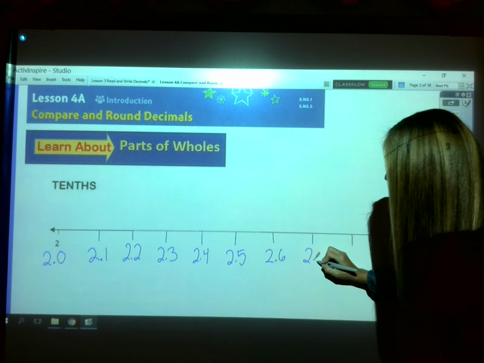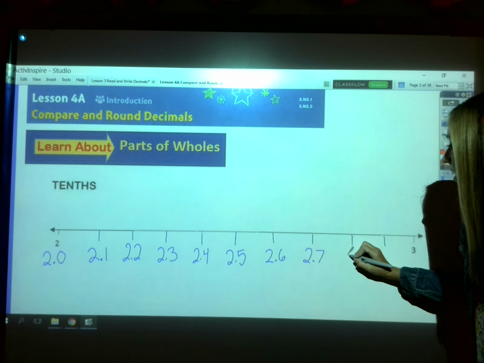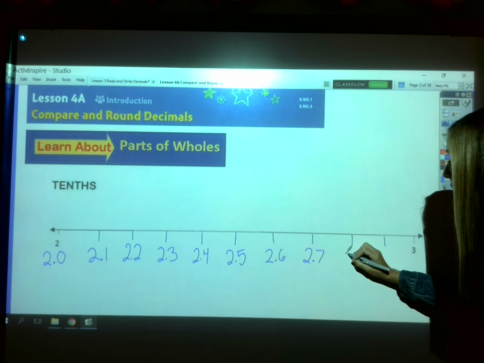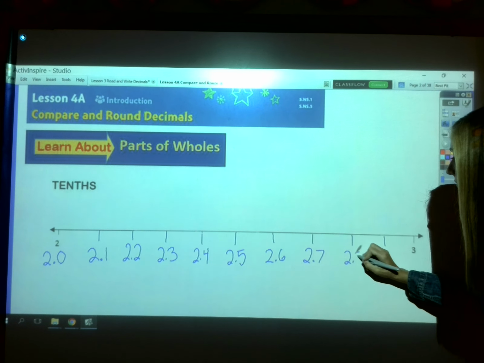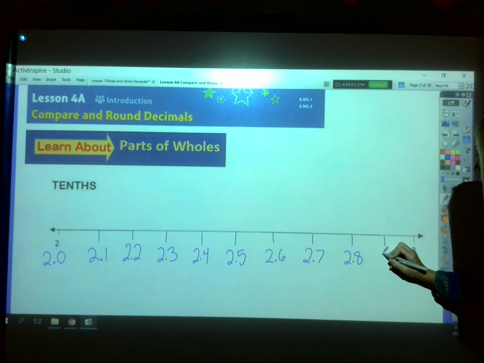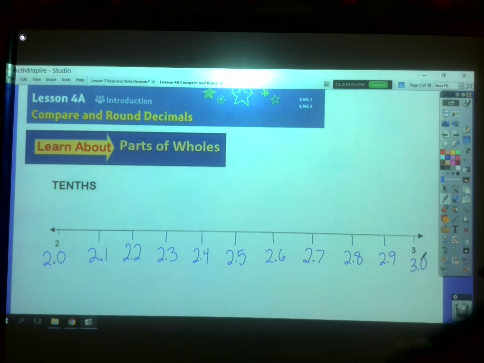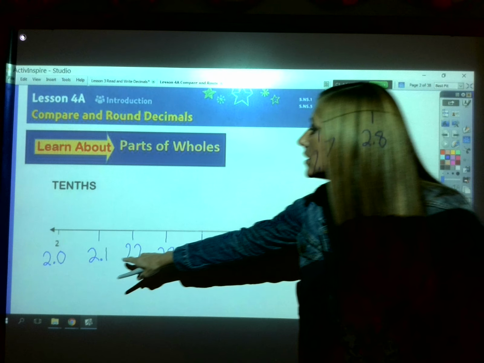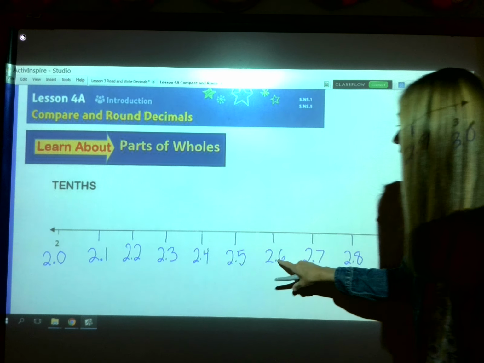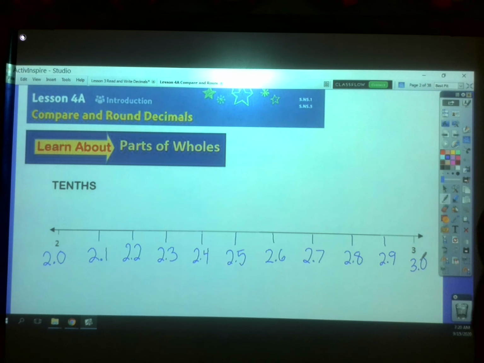We did some of that kind of thinking when we were making our expanded form in fraction form with our decimals. Then we get to our 3, but of course we can also look at the 3 wholes being a 3, the decimal, and a 0. You can see how these count on and up by tenths, right?